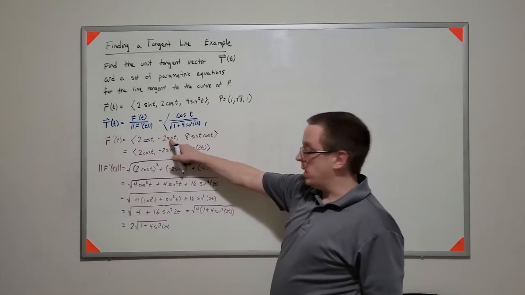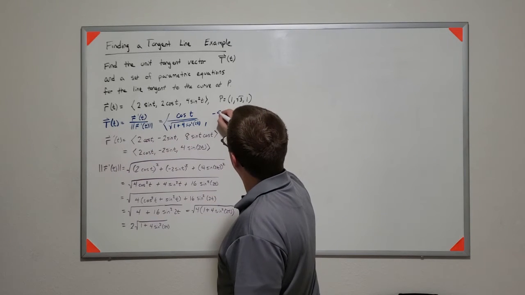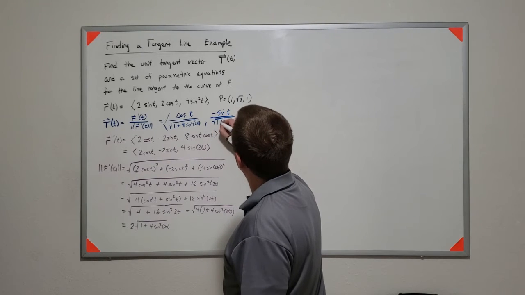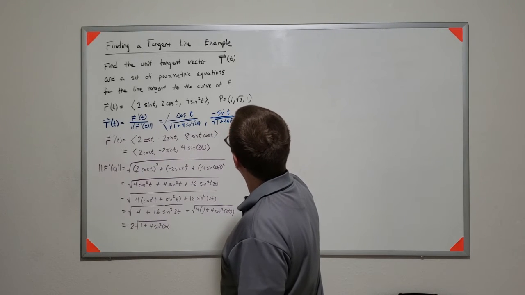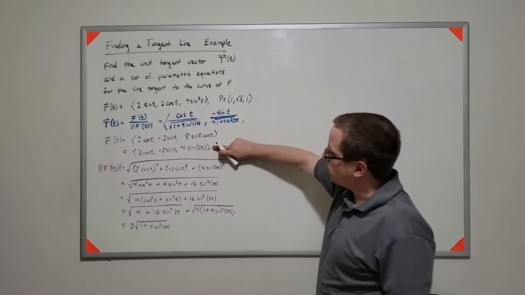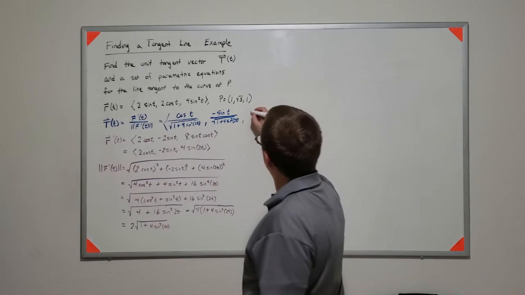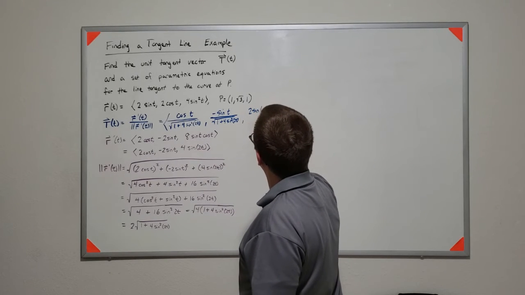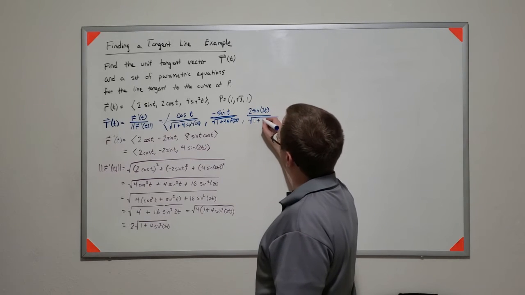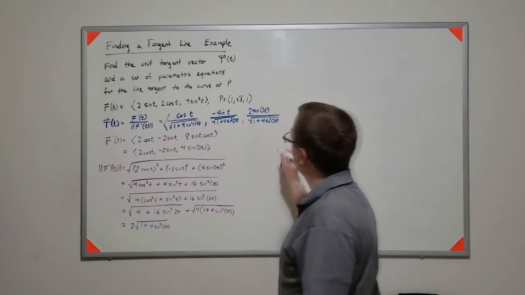I take this piece and divide it by that quantity, the 2's cancel, so I end up with negative sine t over the square root of 1 plus 4 sine squared 2t. Then I take this quantity, divide by that, and I have 2 sine 2t over the square root of 1 plus 4 sine squared 2t.